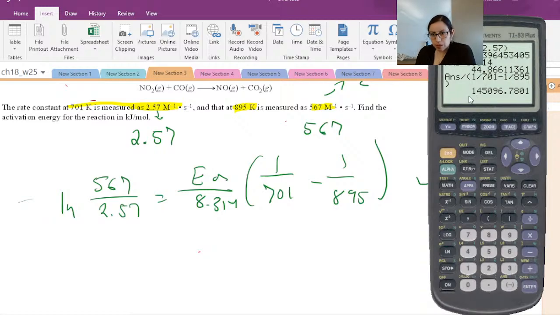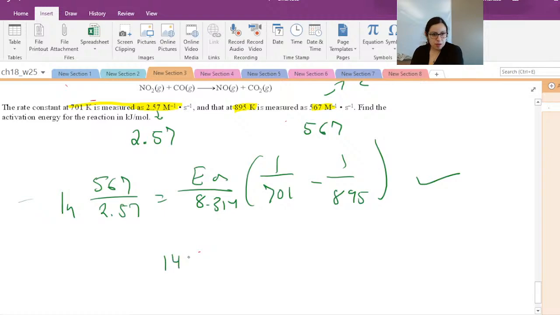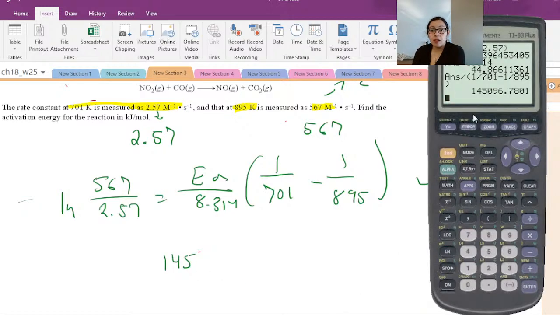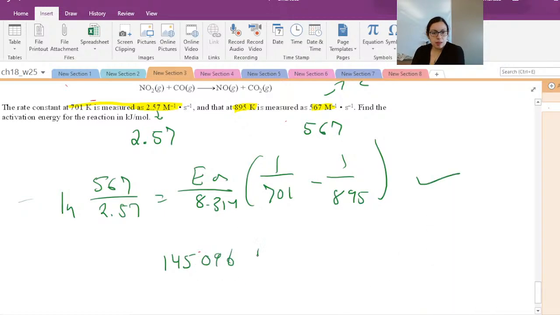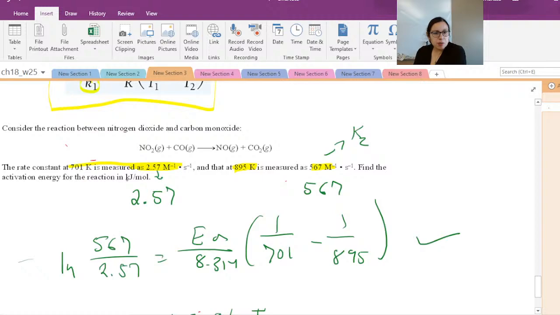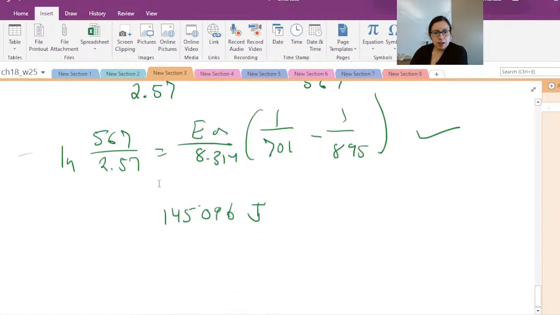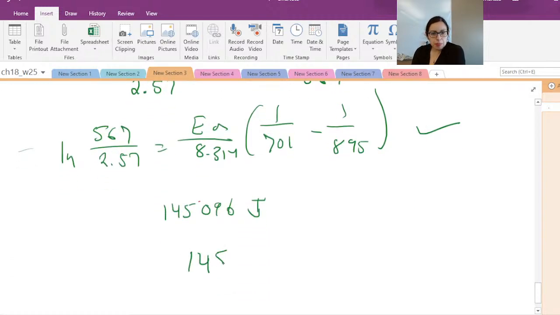Then we get 145,000 joules for activation energy, and I see thumbs up. Thank you, appreciate that. That's 96 joules from our gas law constant here. It did mention that it wanted it in kilojoules, so we can just shorten that to 145 kilojoules per mole for our activation energy.